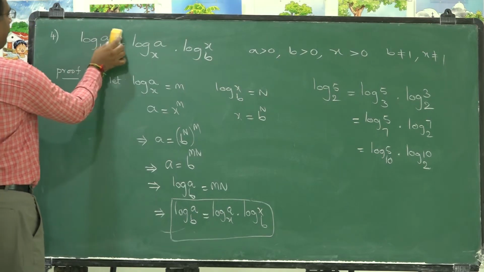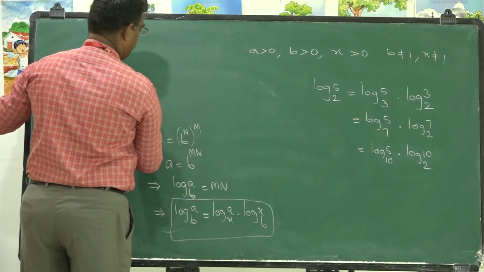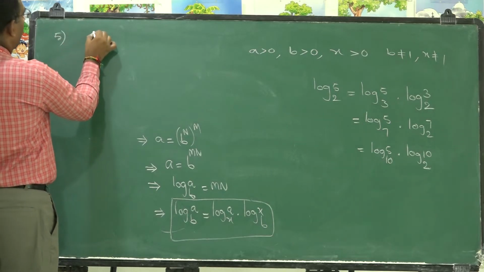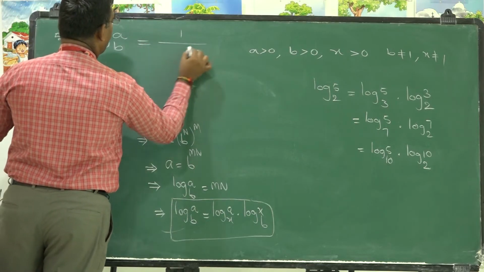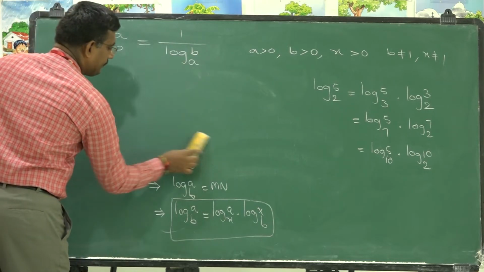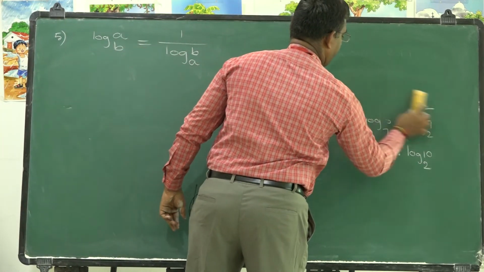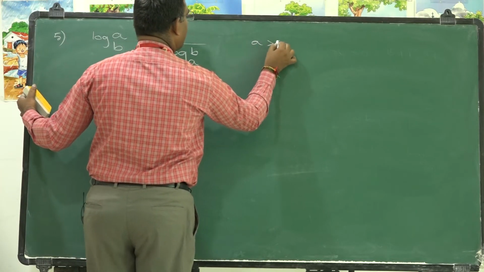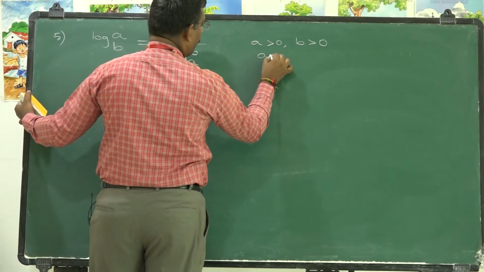Next, property number 5. Log a base b is equal to 1 by log b base a, where a and b are positive real numbers, a is not equal to 1 and b is not equal to 1.